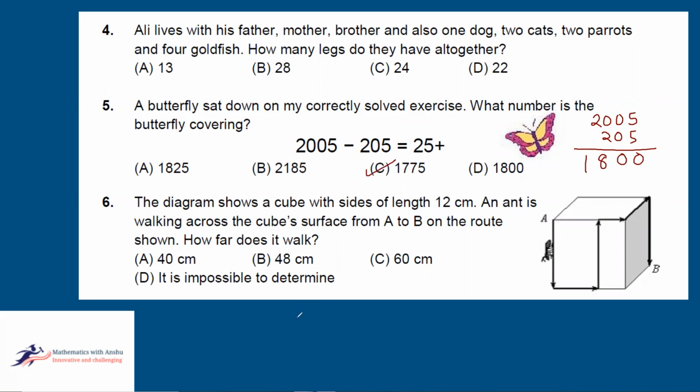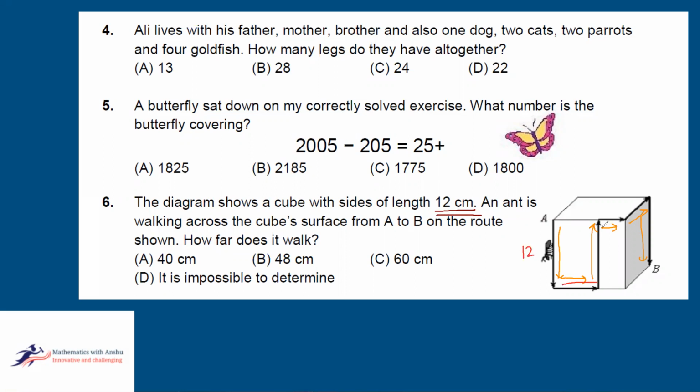Now you see, next. The diagram shows a cube with side of length 12 centimeter and it is walking in this path. The path is like this. So try to understand this question. This is 12.